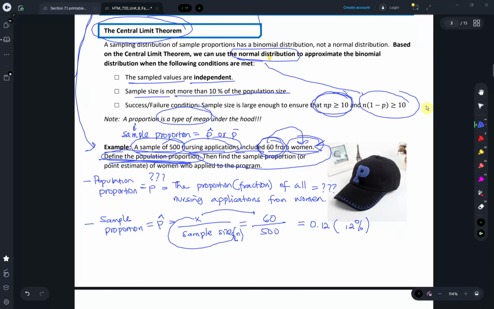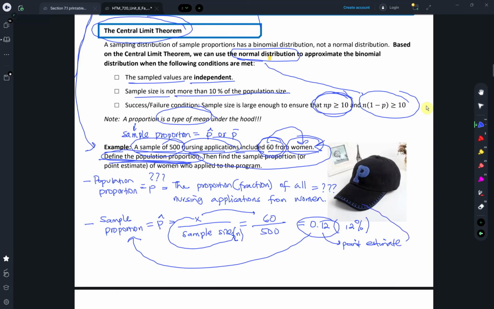So in this case, this 0.12 is our sample proportion. It is also our point estimate, our best guess of the unknown population proportion of nursing applications, provided the sample is random and representative of the population.